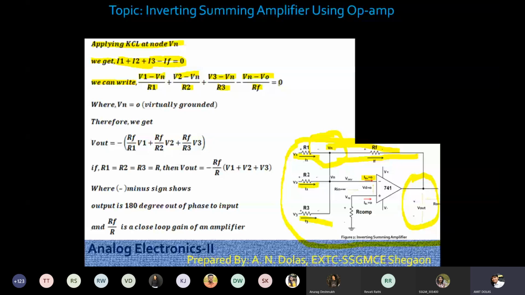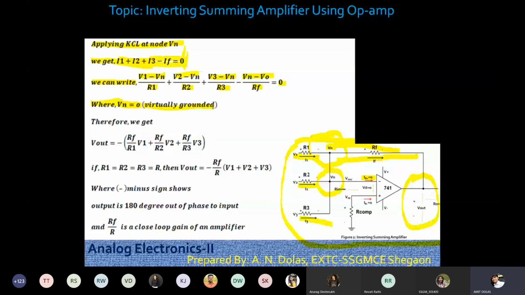Where your node voltage Vn, which is the voltage at the inverting terminal, is equal to 0, which is the virtual ground concept, which we already discussed in the previous slide.